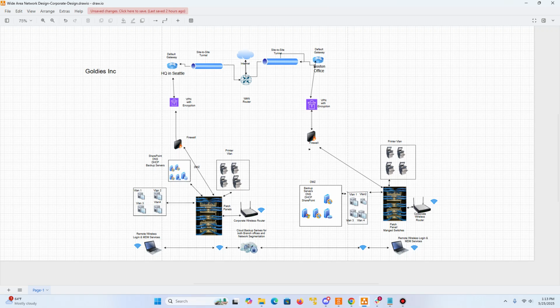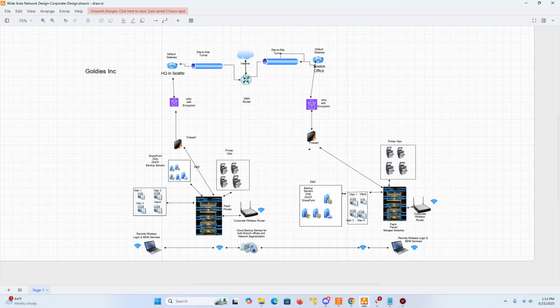And let's see. So we're leaving the VPN and heading into the default gateway. And from there, we're going into our site-to-site tunnel. Our site-to-site tunnel, also known as a site-to-site VPN, is an encrypted link that connects two or more distinct network locations.